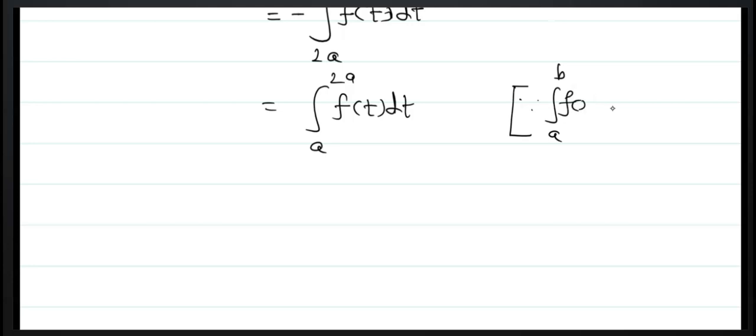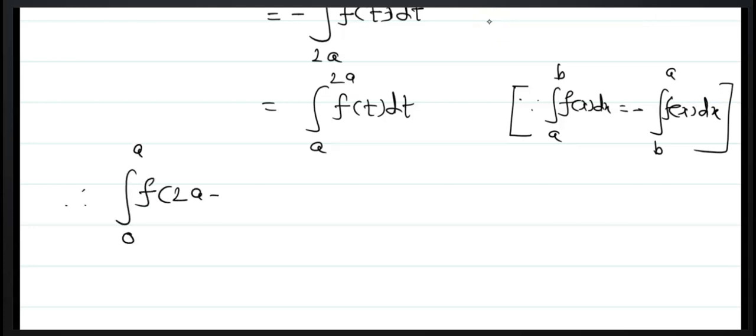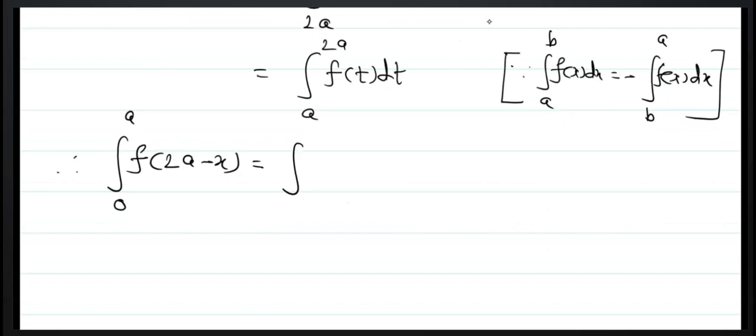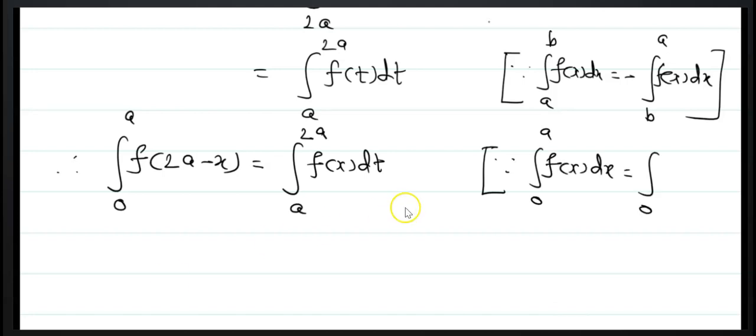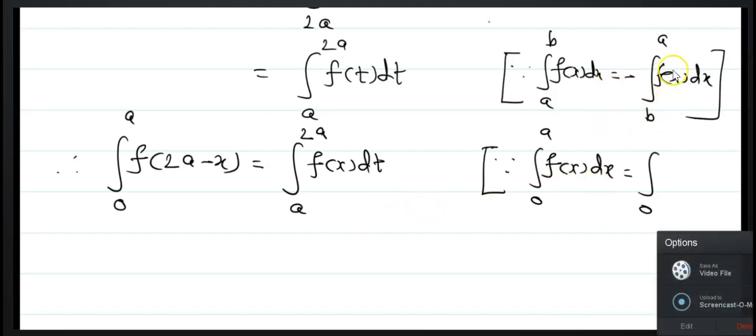That is by using the property of the change in the variable, and this is the minus sign. If you change the upper limit and lower limit, it gets the minus sign.